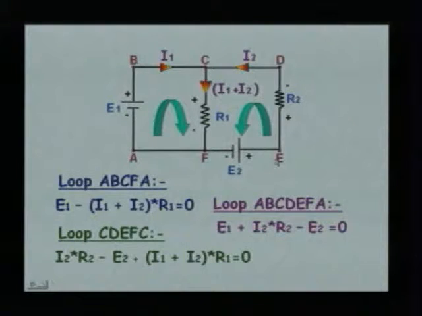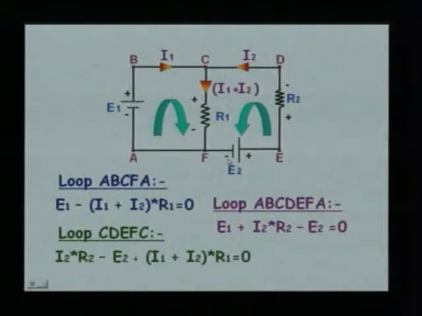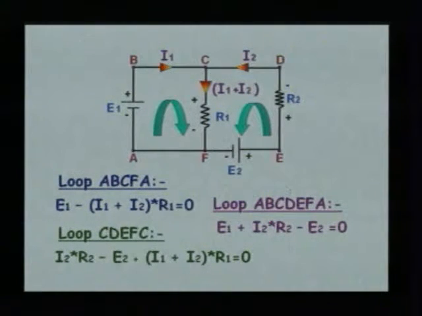From D to E we have got R2, moving from negative to positive, so we have got plus I2 R2. From E to F we have got a negative sign, as there is a fall in potential, moving from positive towards negative. So, these are the loop equations we can write down. With the help of these equations we can solve and get the currents I1 and I2.